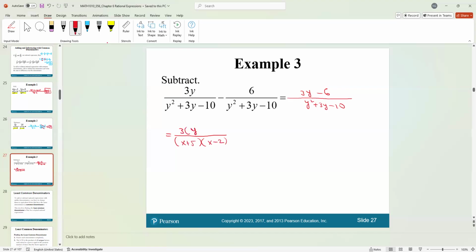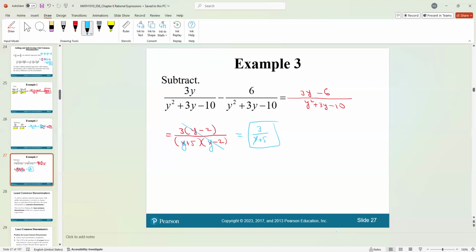If I factor out 3, I have y minus 2 left. When y minus 2 is not equal to 0, we can cancel these two. What we have left is 3 over y plus 5.